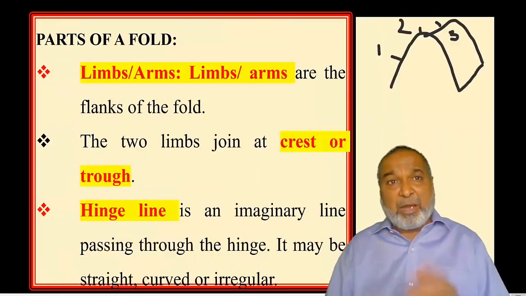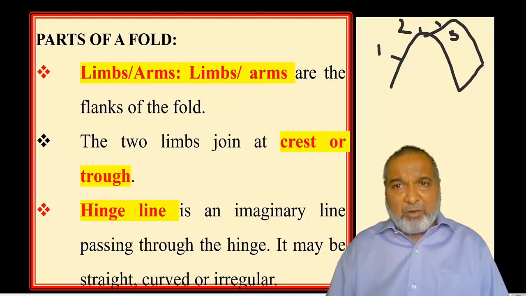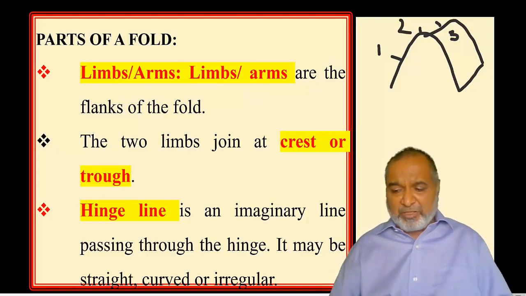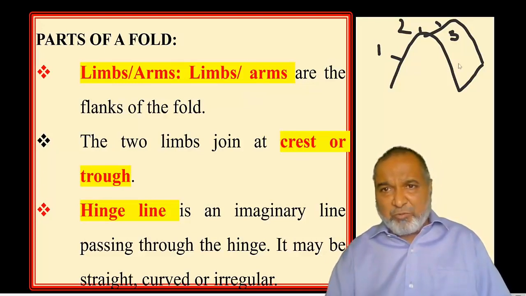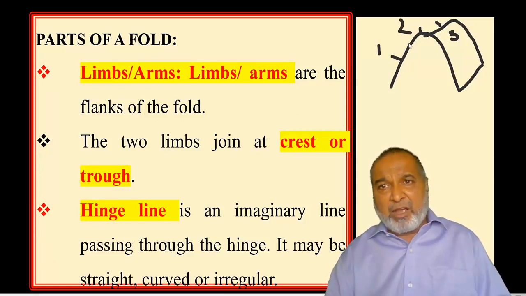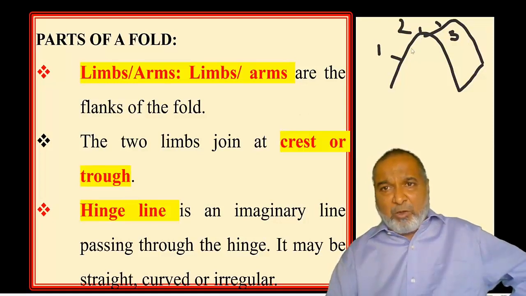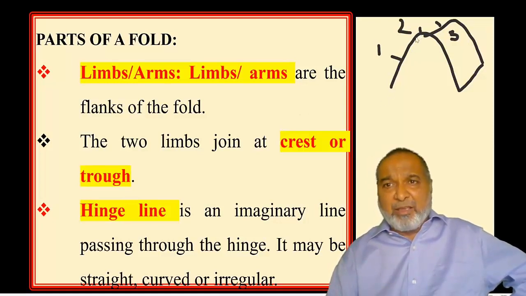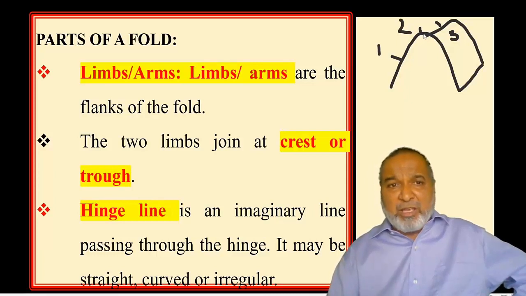We'll see now the parts of the fold. In the first diagram, which we have just drawn, this is the fold, and this part is called the limb or arm. The limbs we call the flanks of the fold. The second one, the highest point of the fold, is called the crest.